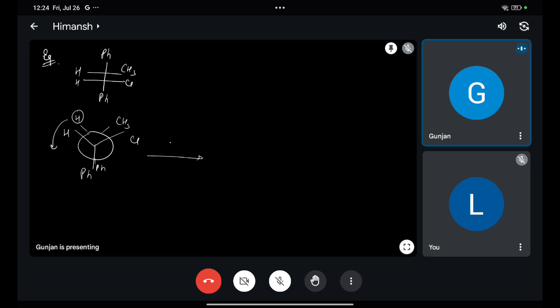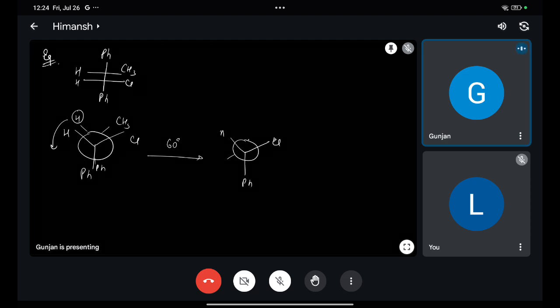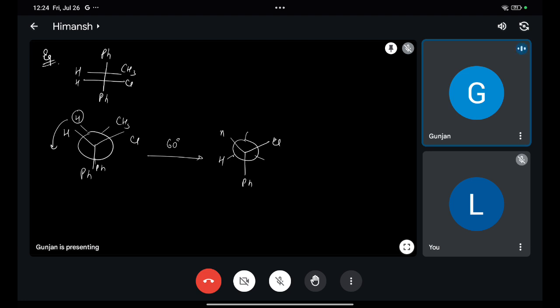So we are rotating it by 60-degree angles. So while rotating by 60 degrees, H, CH3, H, Cl, and H eliminates out, and we are getting a structure like this: CH3, Ph, H, Ph.